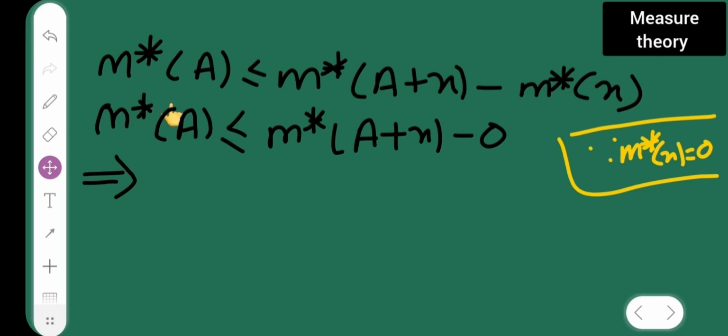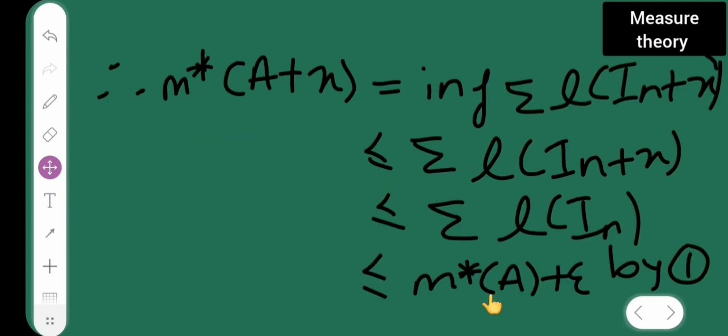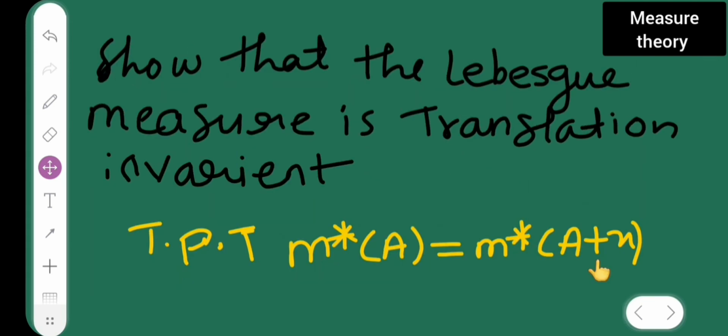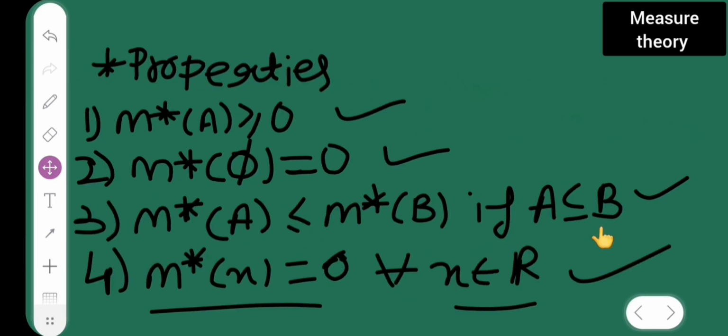Now you can take down m star of A is less than or equal to m star of A plus x plus 0, by the property of outer measure. The outer measure of any real number is 0, right? Which property is it? It is this fourth property, m star of x is equal to 0, which we have already proved.